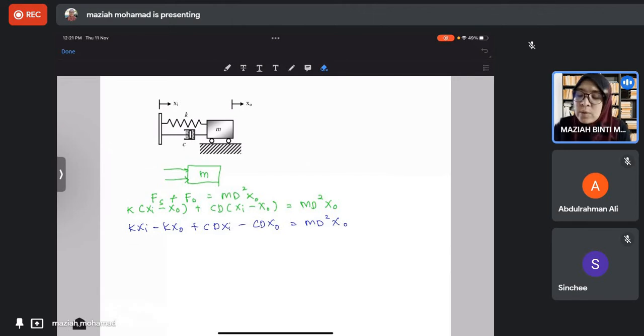Therefore you're going to have m d squared x naught plus c d x naught plus k x naught, which is all the terms that contain the output, x naught, equal to the input side, which is c d xi plus k xi.